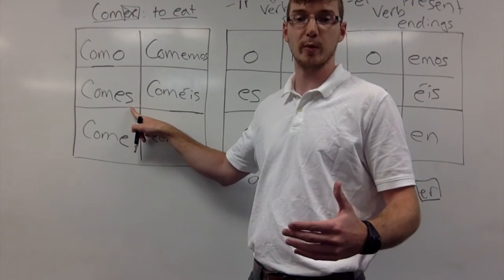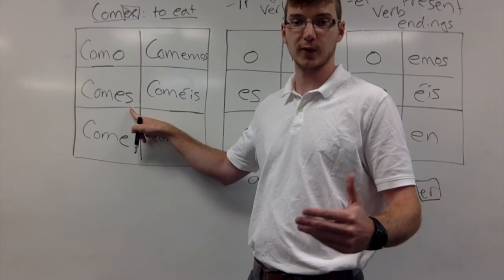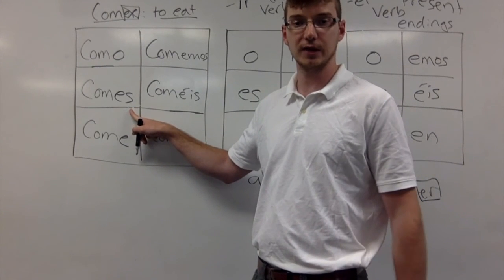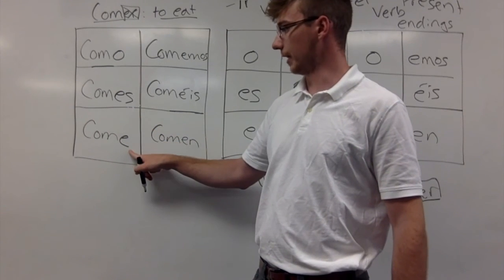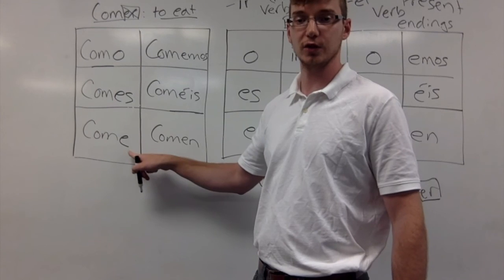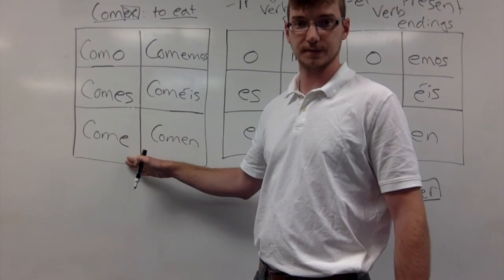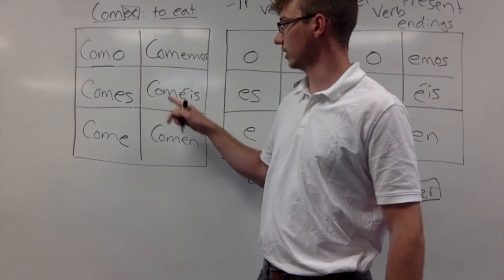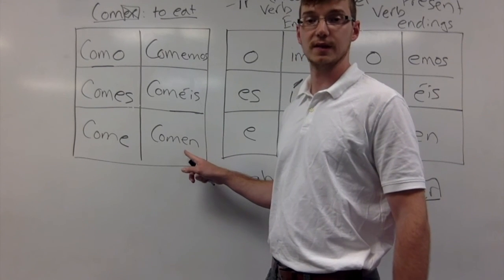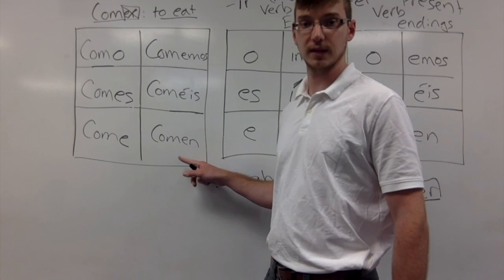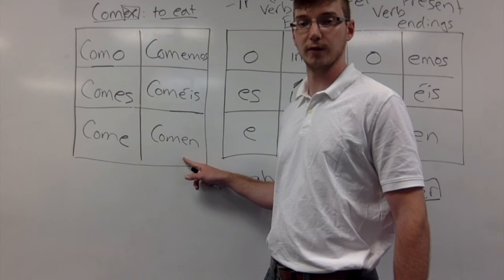If you need to go back and review informal versus formal, please do that. It's under the pronoun video on TutorMeSpanish.weebly.com. And then come, which is he, she, or you formal eats, present tense. Comemos, we eat. Coméis, y'all, informal eat. Comen is they, masculine, they feminine, and you all formal eat.